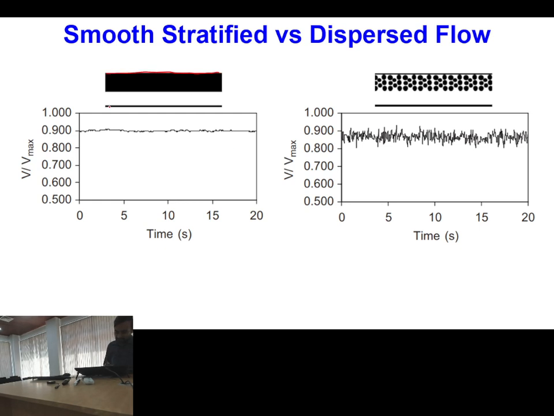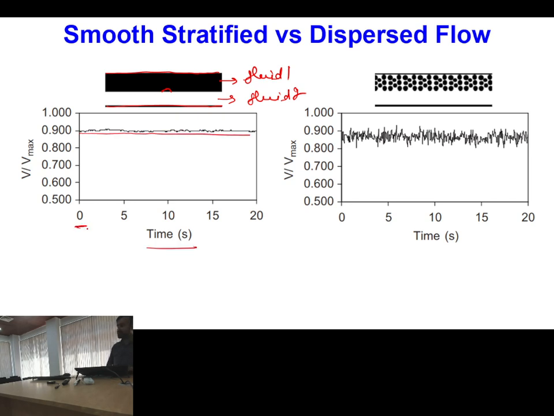In your pipeline you have smooth stratified flow, which means fluid 1 is at the top and fluid 2 is at the bottom. Once you have smooth stratified flow, there is not much curvature of the interface, so there will not be much reflection of the light wave. That's why the corresponding output voltage is almost steady with time.